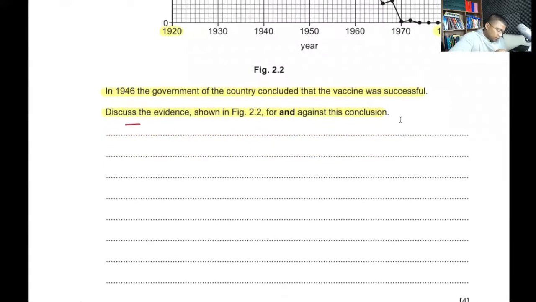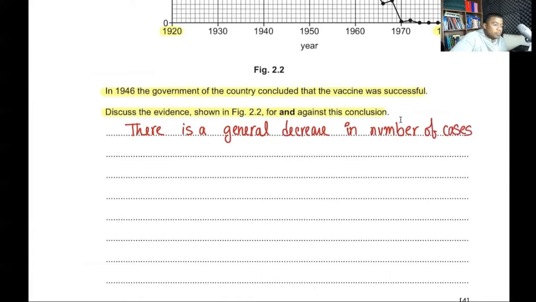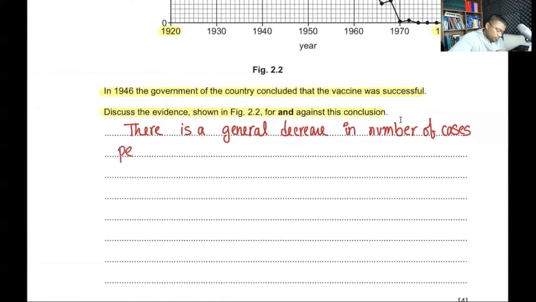So guys, there is a general decrease in number of cases per million people from 1942 after vaccination.